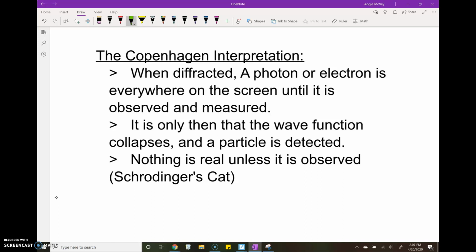An object at the quantum scale is only isolated to a position at the point when it is being observed. It is only then that the wave function, the probability of an electron or a photon to be at a certain place, collapses. And that's when the particle is detected at a certain location.